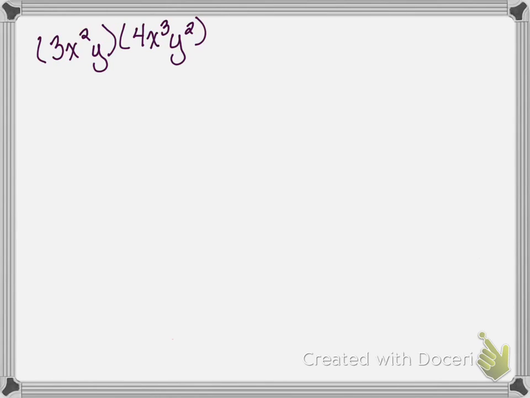Okay? So, the first thing that I am going to ask myself when I'm doing this is, is there an exponent on the outside of the parentheses? So look for an exponent.